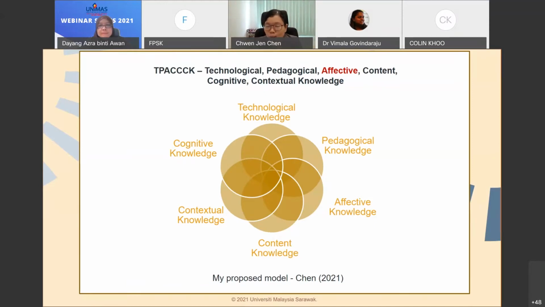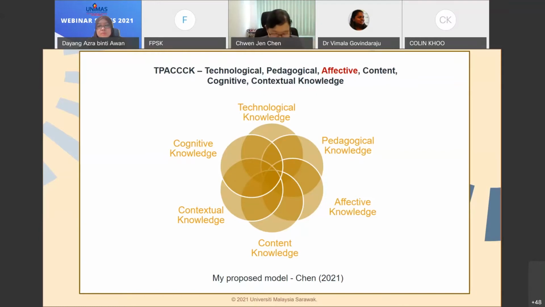I think this is particularly relevant during this pandemic, where knowledge of students' emotional well-being should also be incorporated into our online learning design. We need to make a little effort to find out about this particular aspect of our students, and then knowledge on how students' emotions relate to our learning design.